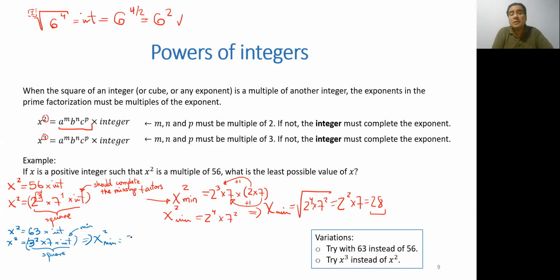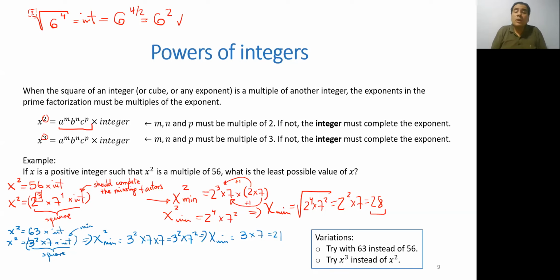So at least we need just one more 7, because 3 squared times 7 gives us 3 squared times 7 squared. And now getting the minimum value of x just means taking the square root on both sides. So if you take the square root, you get 3 times 7, which is 21.